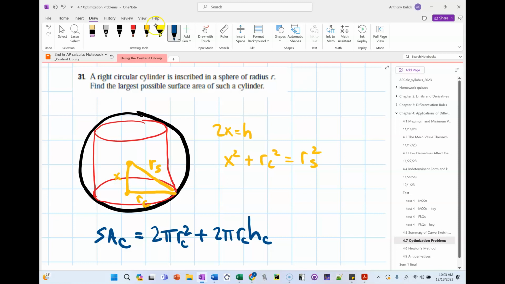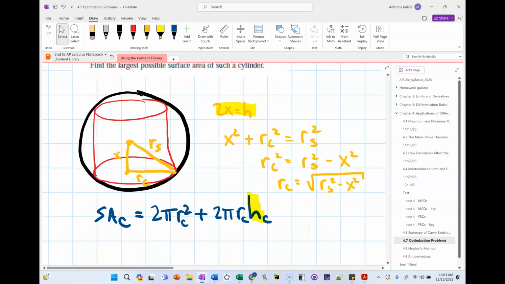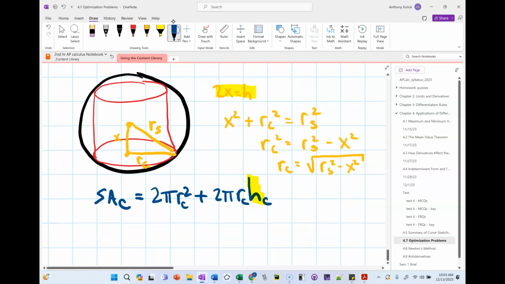So we're going to substitute HC for 2x. And then RC squared is equal to RS squared minus x squared. But we also need RC, and I'm going to drop the plus or minus because it's a length and we know it has to be positive, as Braden pointed out earlier.